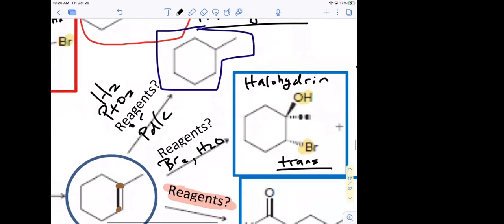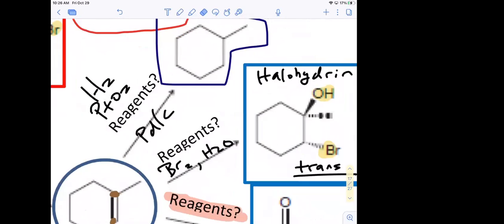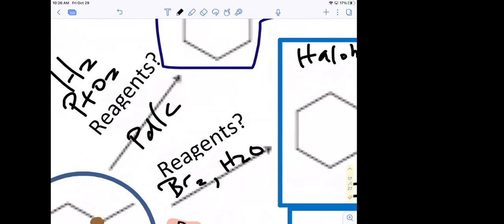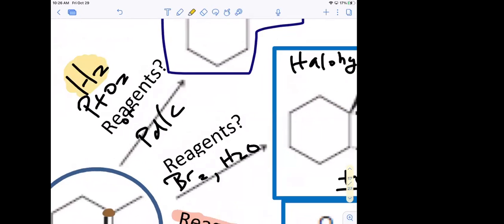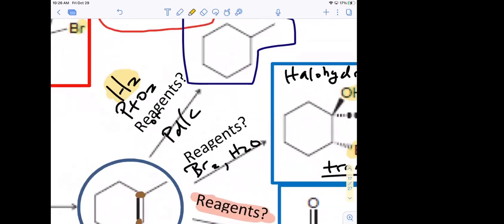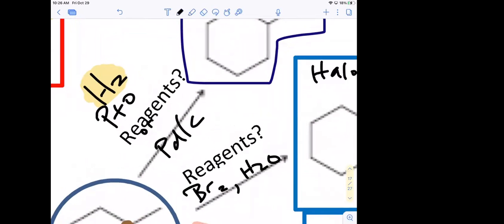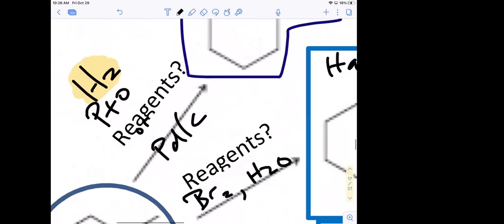Either one of those would work to carry out this transformation. But the hydrogen gas is the key, because that's where your hydrogen is going to come from. So platinum oxide, let me make sure that you don't think that 2 is a Z. Platinum oxide or palladium on carbon with hydrogen gas.